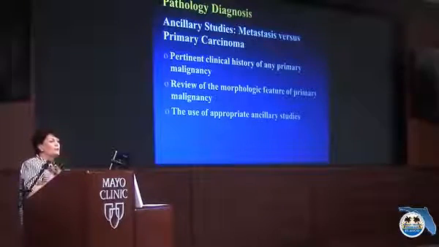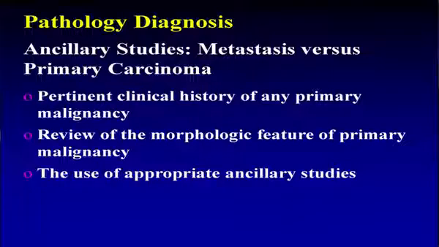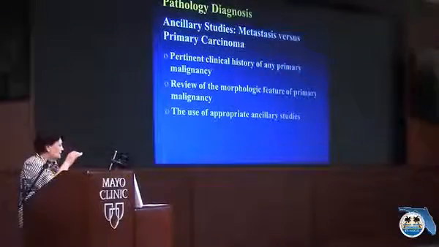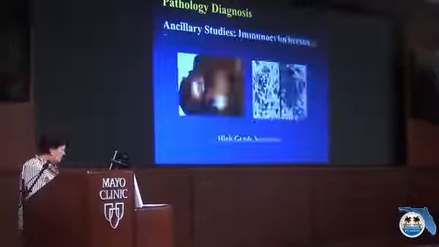The second component is that we have to review the primary tumor and see whether there are similarities. If they're similar, then it's metastasis. If it's not similar, then we use some immunostains.